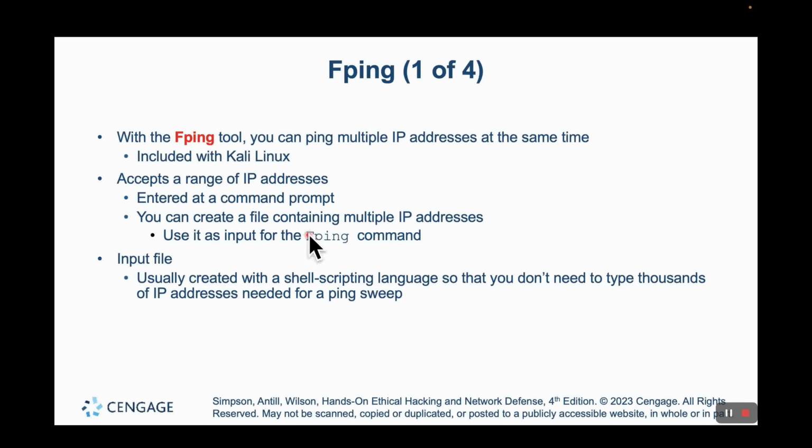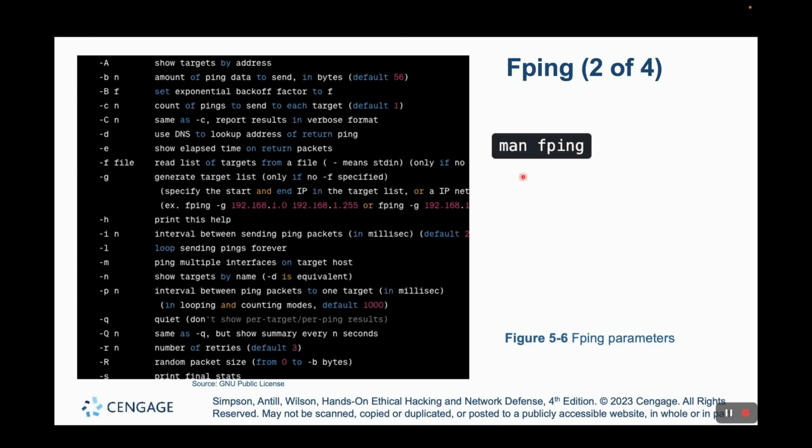You can create a file containing multiple IP addresses and use it as input for the ping command. Now, the input file is usually created with a shell scripting language, so that you do not need to type thousands of IP addresses needed for a ping sweep. And now simply if you type man fping, you'll be able to see all other options that you could use with fping.